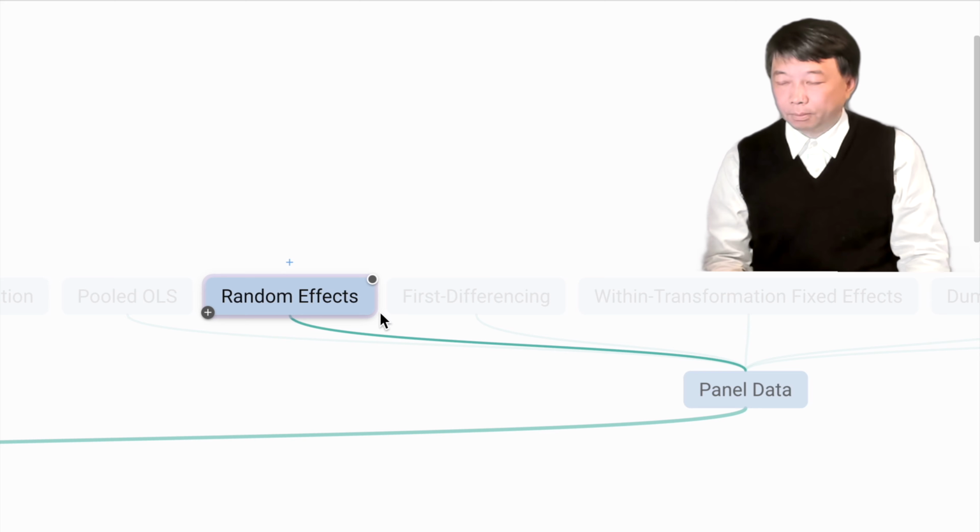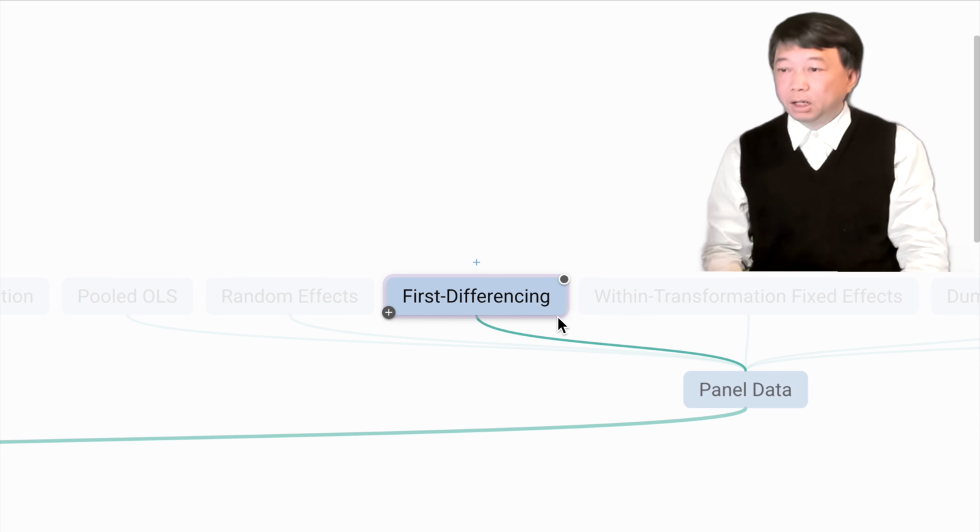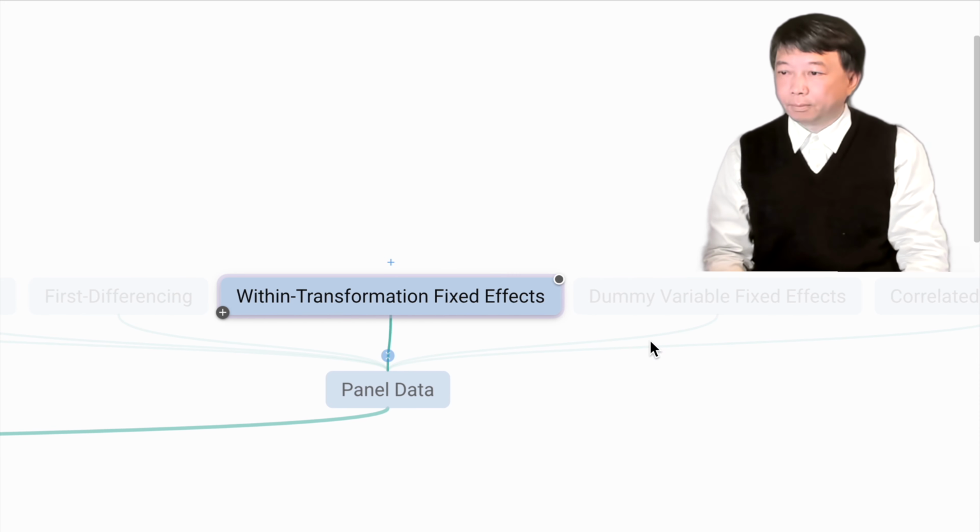Random effects. Assuming individual specific effects are random and uncorrelated with explanatory variables. First differencing. Eliminating individual fixed effects by differencing consecutive observations within groups. Within transformation fixed effects.